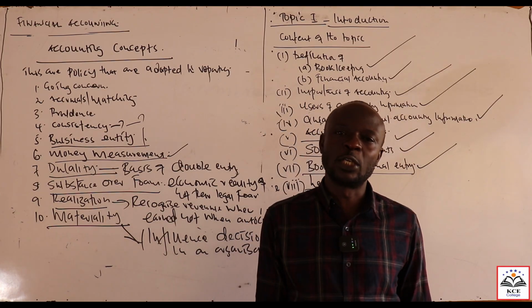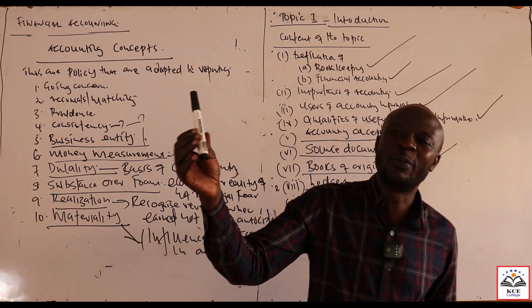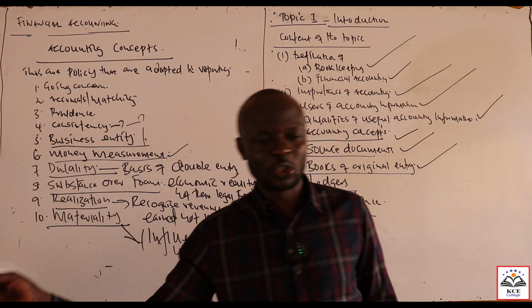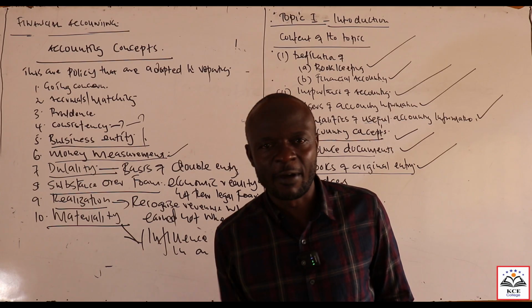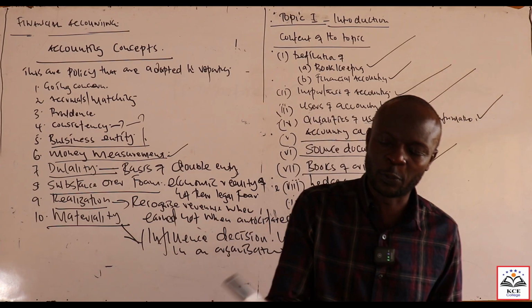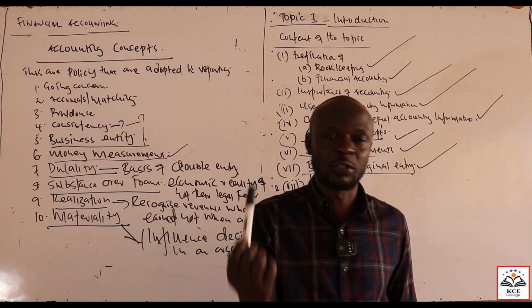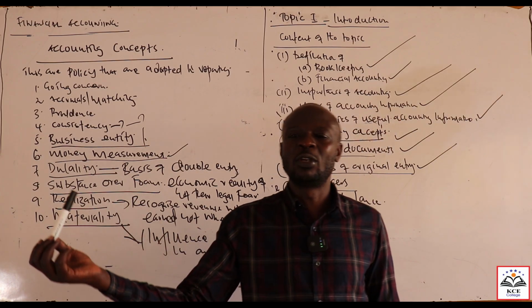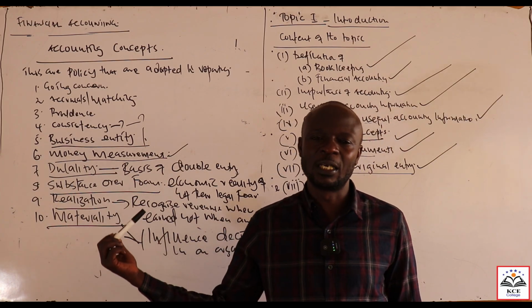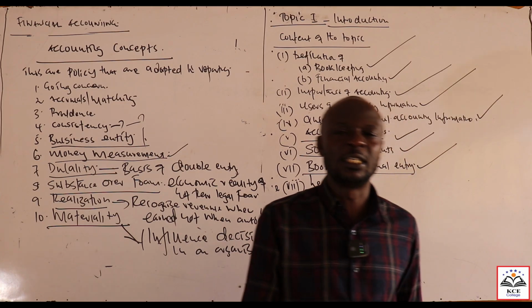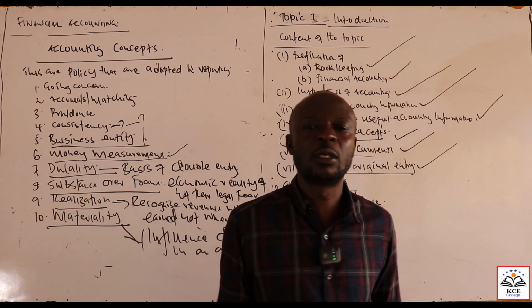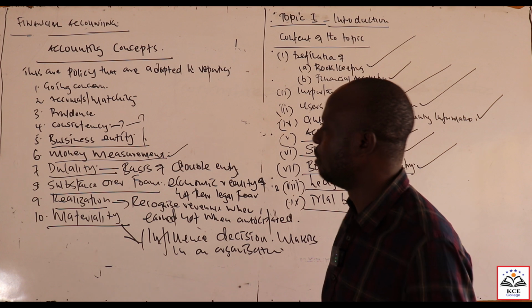They want to sell that particular school. So this one will not be an item of recognition. It will not be reported in the financial statement of that school. They cannot be able to report marker pens in their final statements because this item cannot influence the decision. But although very important, it's inconsequential in terms of decision influence. So therefore it will not be recorded.